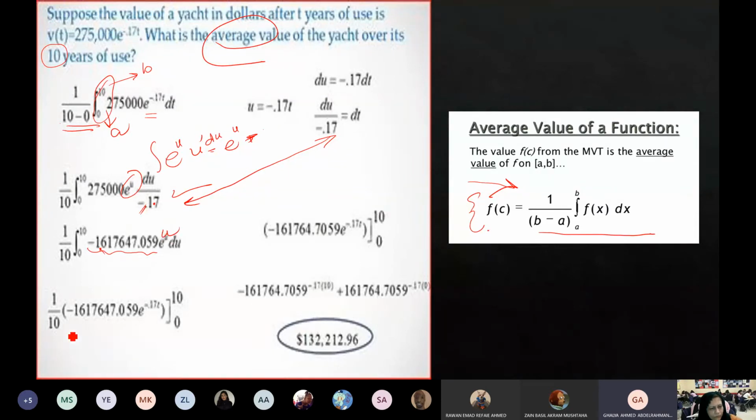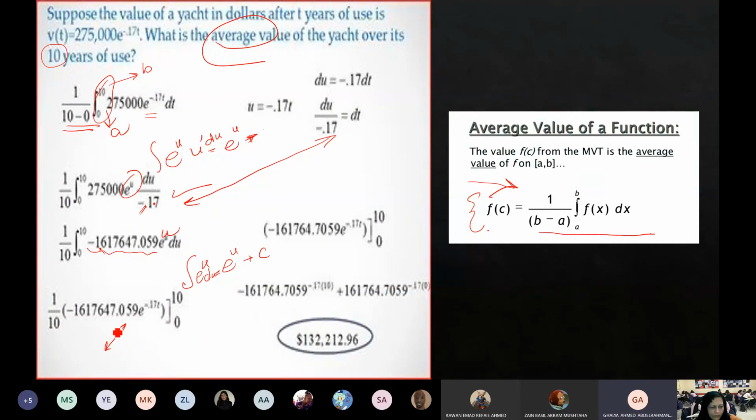How? We're going to use the value in our bracket here, and then we put e raised to our previous expression, which is negative 1.7 t, and put the upper limit and lower limit outside the bracket. As well as we have the 10 and the 0, so we're going to replace them after we do the step, which is the sixth one.